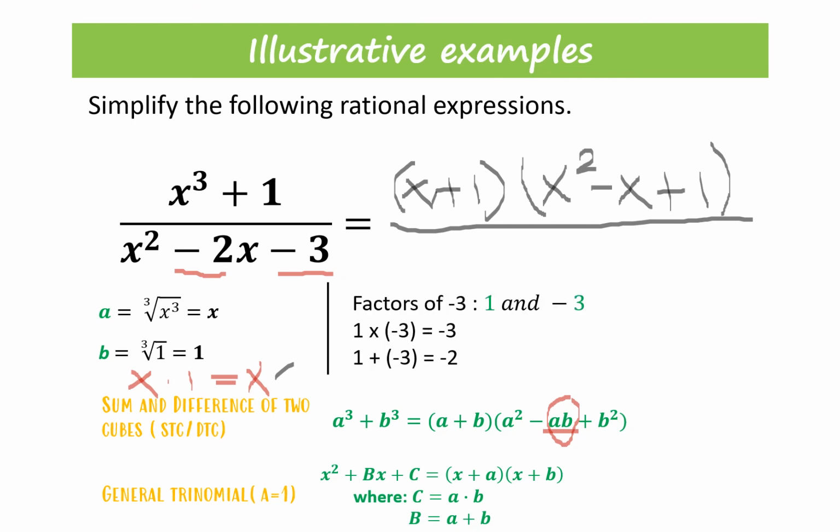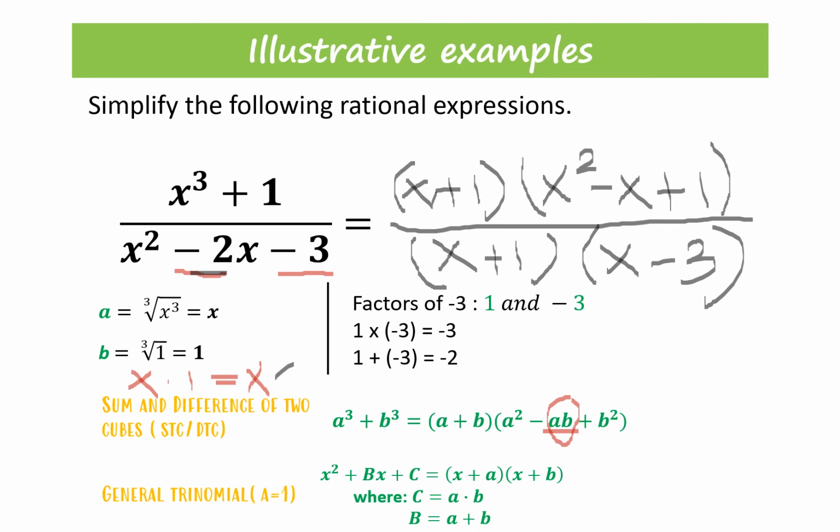So, the factors of negative 3 should be 1 and negative 3. Kasi 1 times negative 3 is negative 3, and 1 plus negative 3 is negative 2. So, nakuha natin yon. So, therefore, ang factor natin will be x plus 1 and x minus 3.